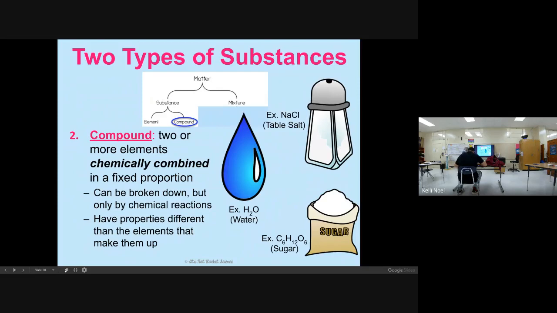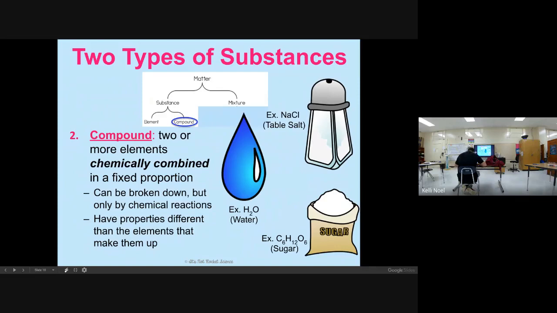But when they combine together to create table salt, we get our seasoning that we use on food. So it's no longer bad for us. Water and sugar are also examples of compounds. They're made up of two or more elements that are chemically bound together in a fixed proportion.